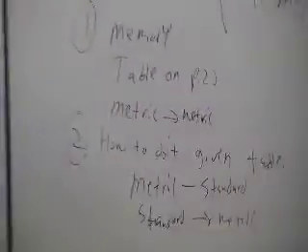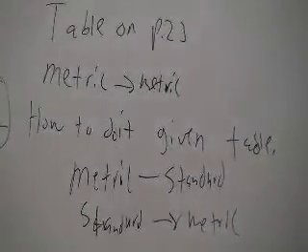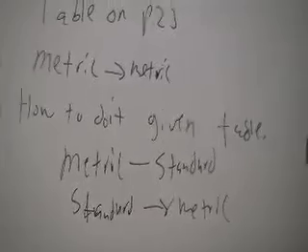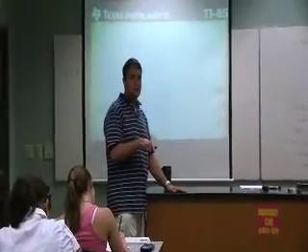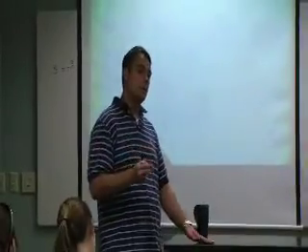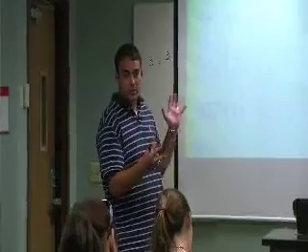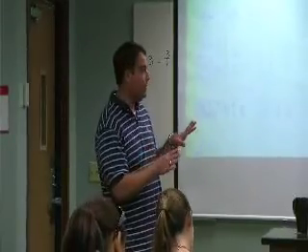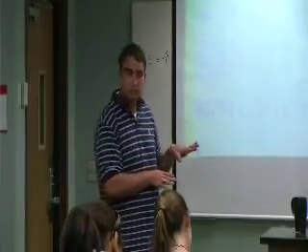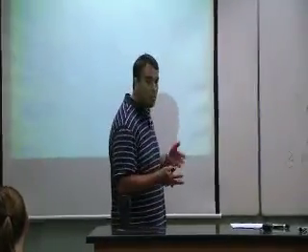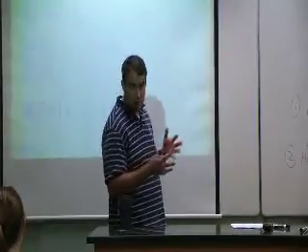In other words, I do not require you to know how many grams are in a pound. I don't require you to know how many meters are in a mile or something along these lines. If you need something like that, it'll be given to you. Now, it won't be next to the problem, saying please use this number to work this problem. It'll be on a big table in the back. And we've not done any of those yet, by the way. I'm just telling you what to prepare for.